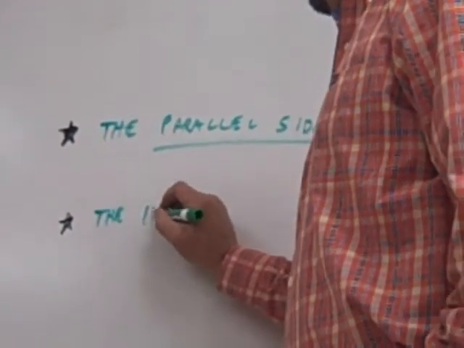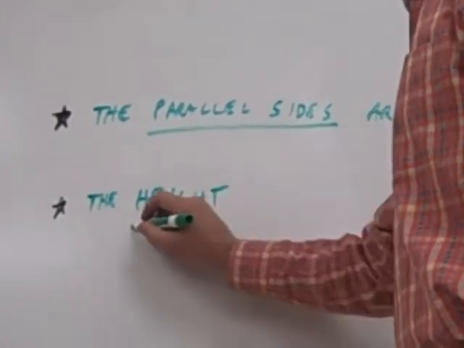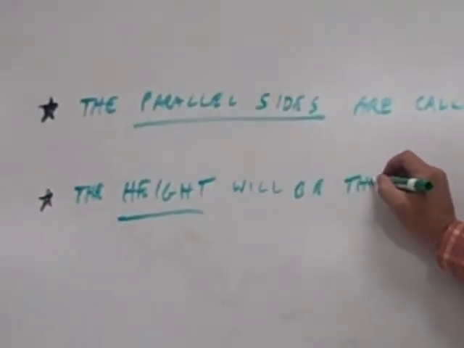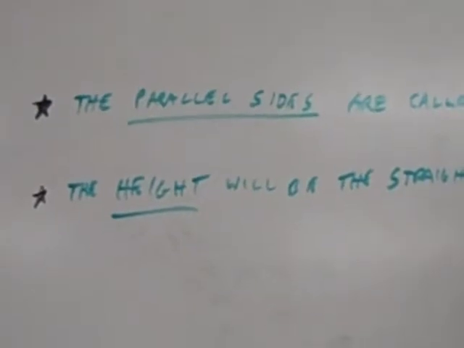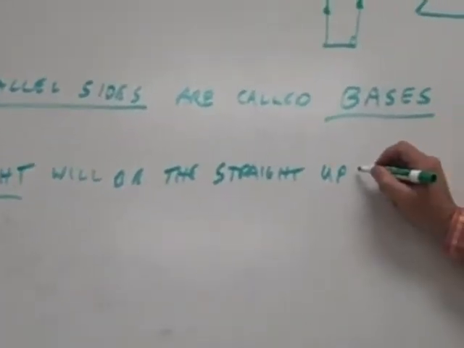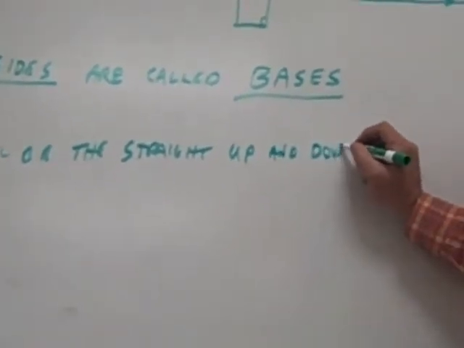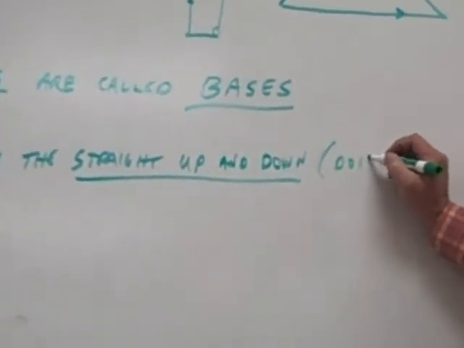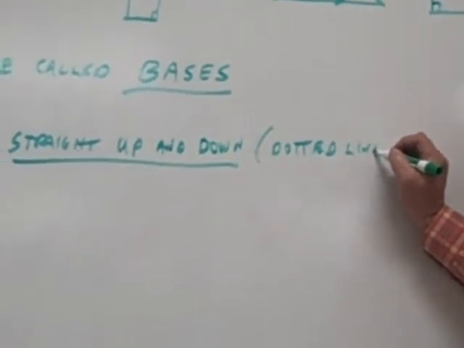The height of our trapezoid will be the straight, y'all, I don't know, mathematicians don't like this, the straight up and down, sometimes it's what we had the other day, what? Dotted. The dotted line.